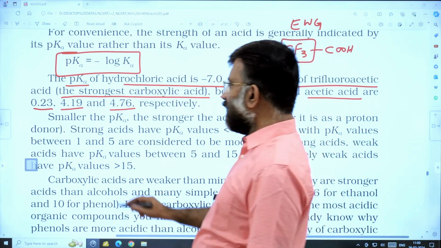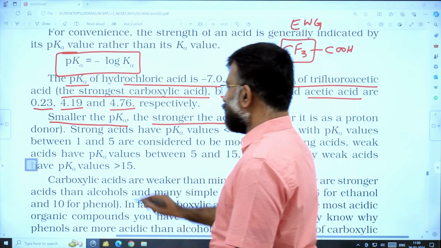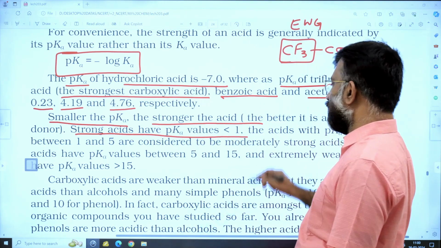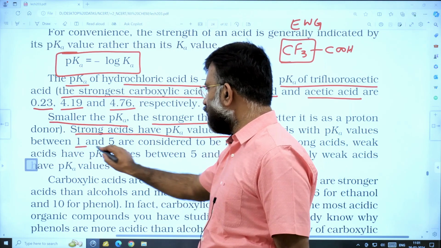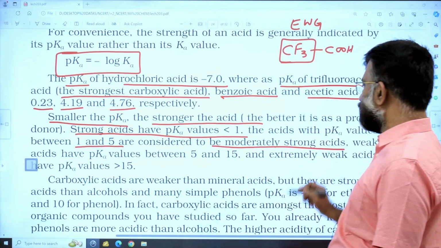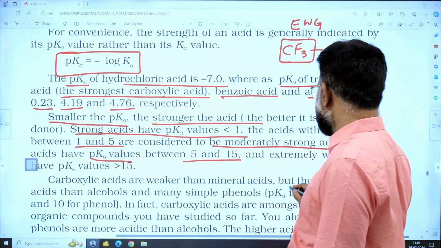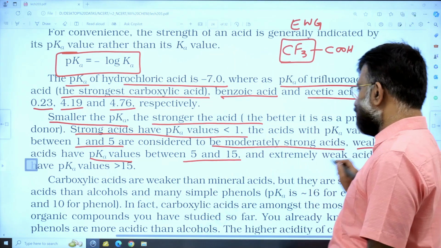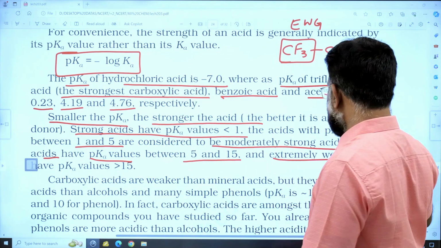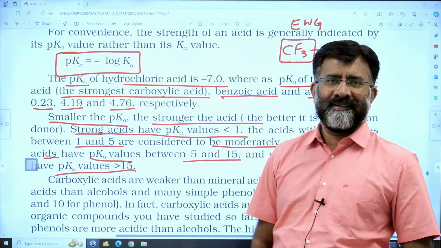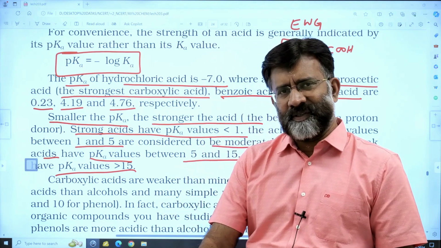So smaller the pKa, stronger the acid. Strong acids have pKa less than 1, while pKa 1 to 5 is considered moderately strong, while pKa 5 to 15 is weak acid, while extremely weak means above 15. Alcohols are 15.9, around 16, extremely weak.